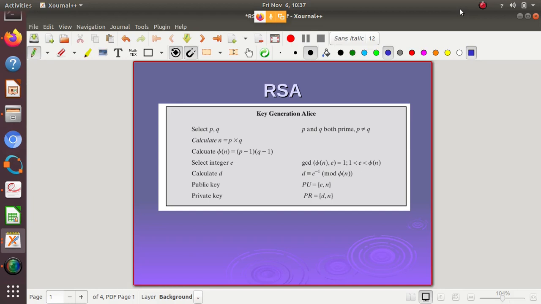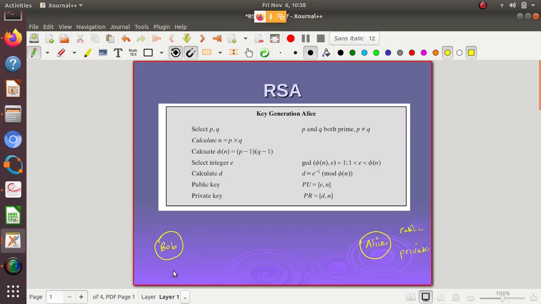Corresponding to each communicating party there will be a pair of keys. For example, if Bob and Alice want to communicate, then corresponding to each communicating entity there will be a public key and a private key.